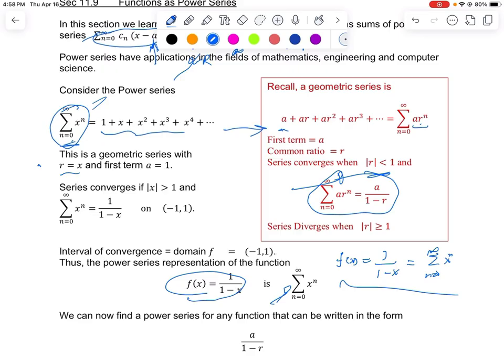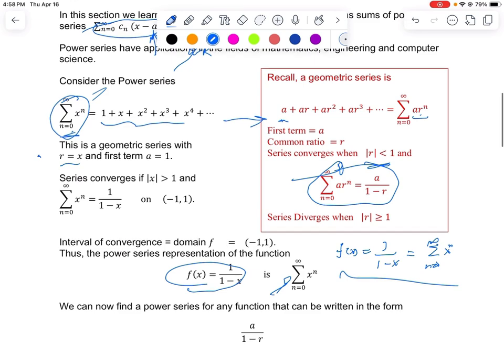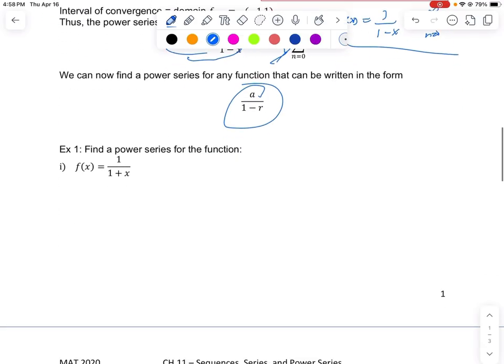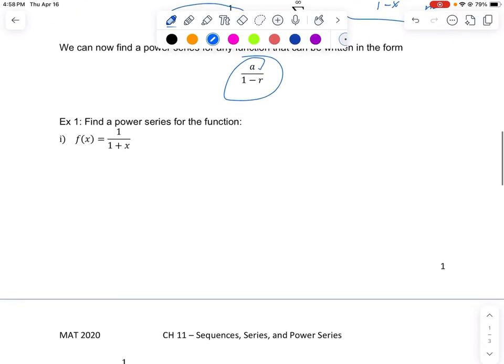So we can now find a power series for any function that can be written in the form a over 1 minus r, where a is the first term and r is the common ratio. Let's look at the first example here. We have to find the power series for the function. We have a is equal to 1, so we have 1 here.